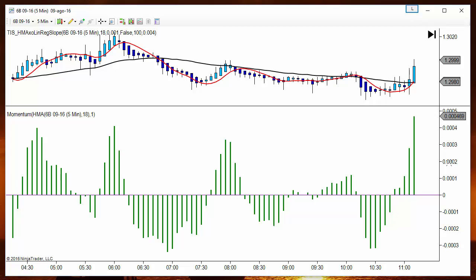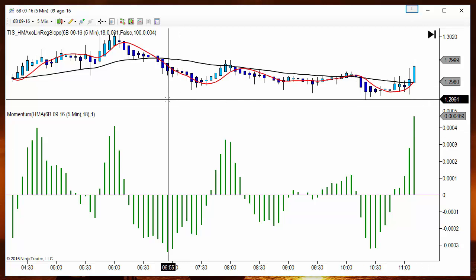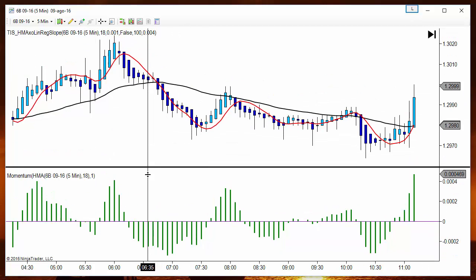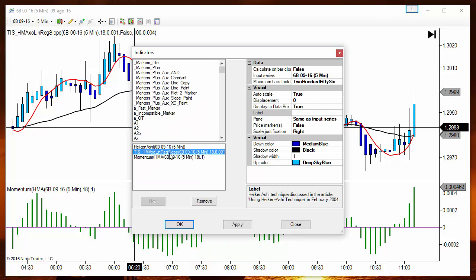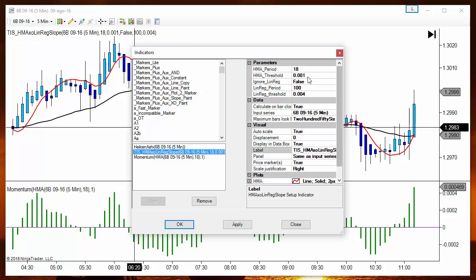Look at the values of this slope. The tick value here on this British pound future is 0.0001, so we must use a related threshold.